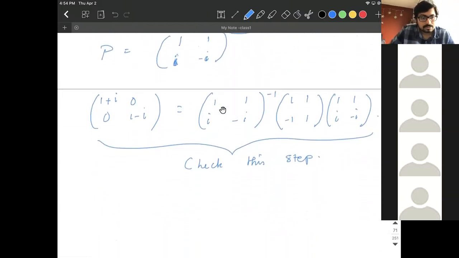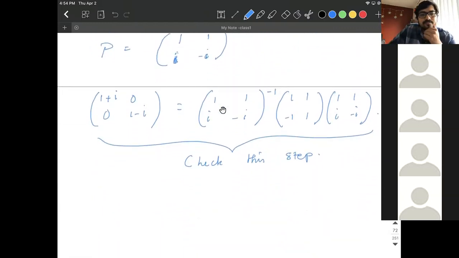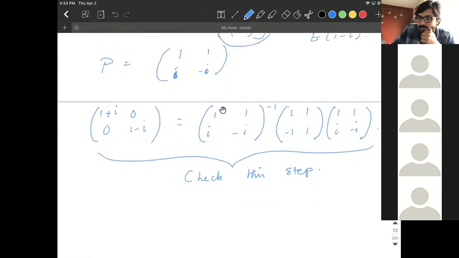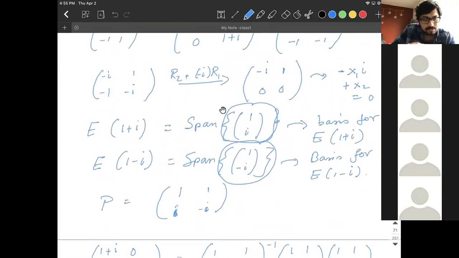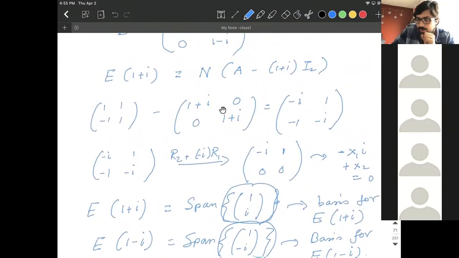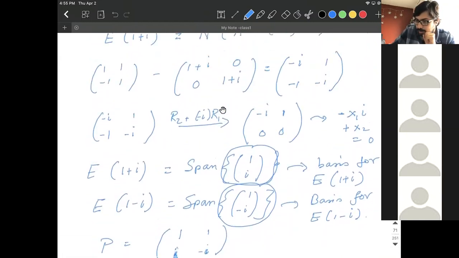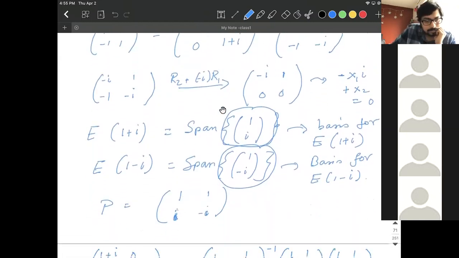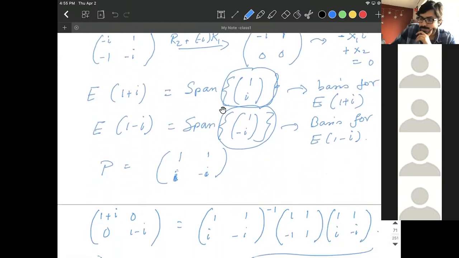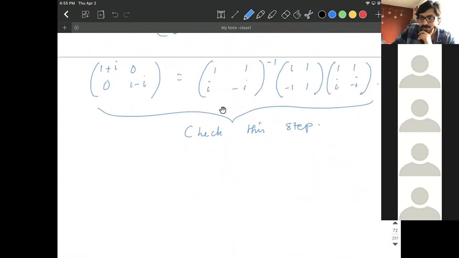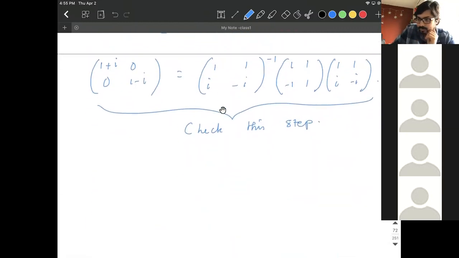Okay, so any questions here? At least is the process clear, how I went about finding the matrix P and the diagonal matrix. So this is in some sense the first example of diagonalization that we have done.